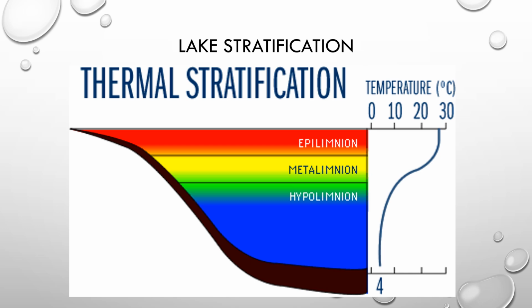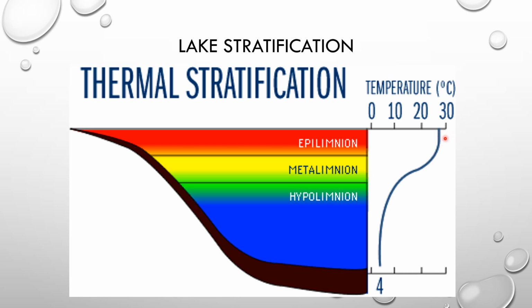Lake stratification, otherwise known as thermal stratification, would be the temperature of the water at different levels. So the warmer water would be the epilimnion level, and then on down to the hypolimnion level. You could see over here, in this range, water temperature is fairly warm.